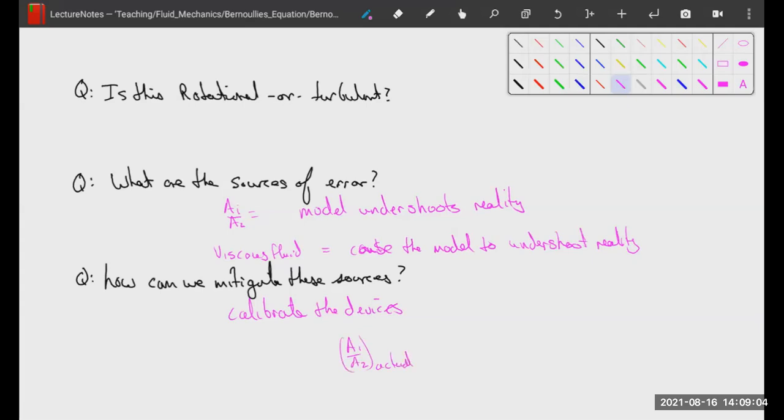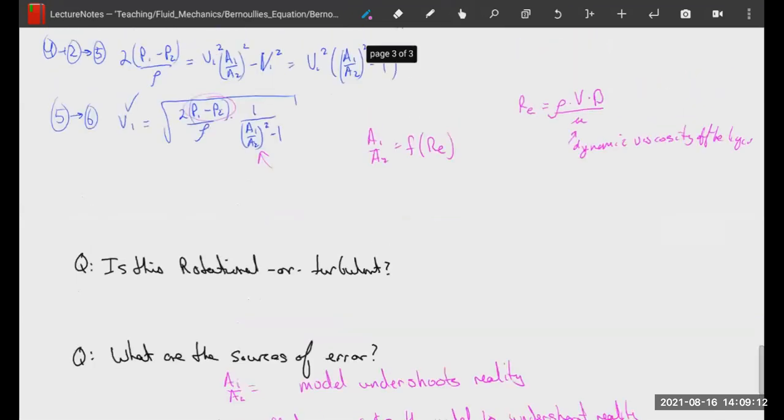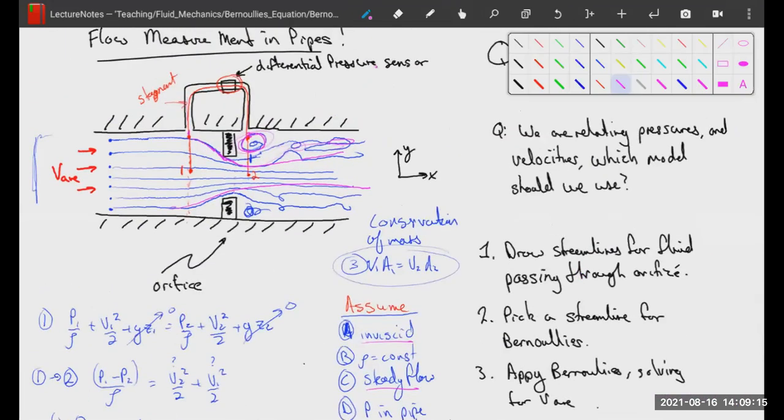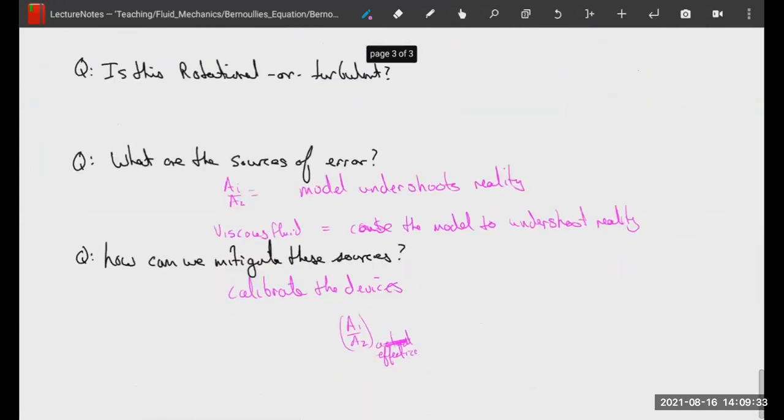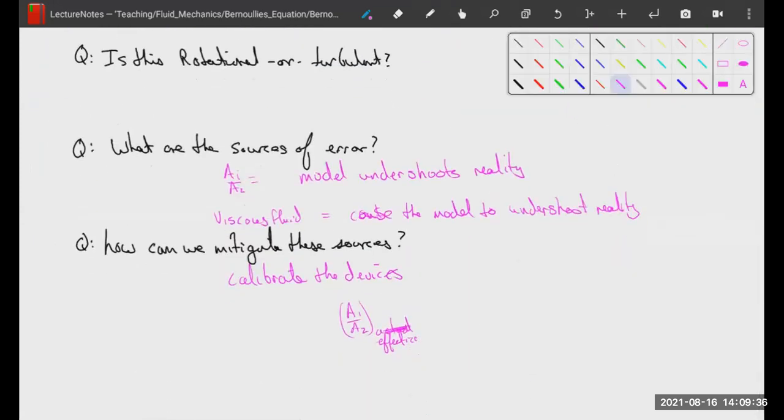The effective A1 over A2, because remember, as we increase the Reynolds number, the water or liquid or oil or shampoo is going to overshoot this orifice plate and produce a narrower constriction, which means the cross-sectional area at our pressure measurement relative to the area back here is going to change as a function of the velocity of the fluid. So in order to make this more accurate, we would say this is equal to a function of the Reynolds number, and we would measure this function.